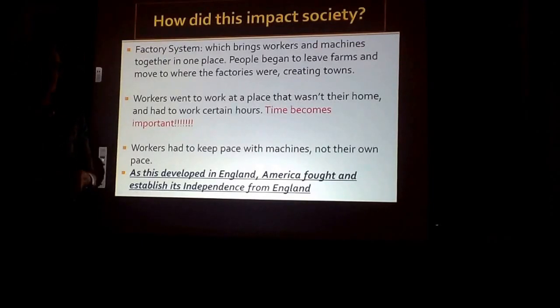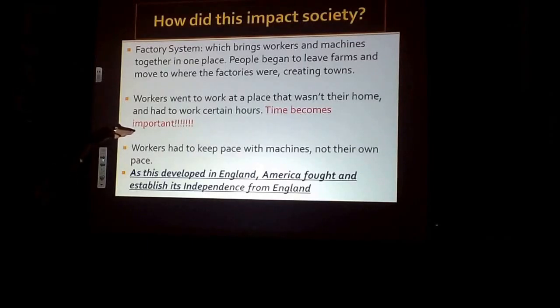And no longer did they get up in the morning and decide their day with all the jobs that they had to do, and set the pace for how quickly they would do those jobs. Now they're moving to towns and places where these factories are, and the factory says, we're open at 7 a.m. And now there are limitations on how they spend their time. So workers went to work at a place that wasn't their home.